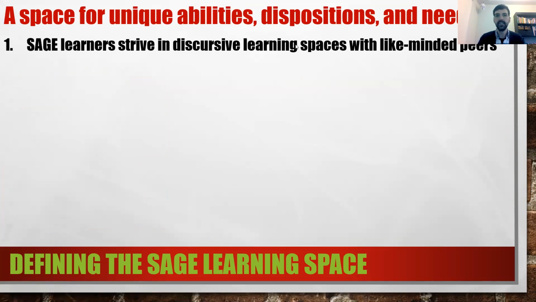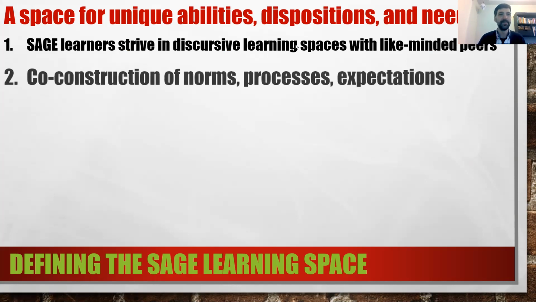What we mean by that is that a SAGE learning space tends to be a very active, very noisy, and very discussion-based space in which students are conferring and bouncing ideas both off of each other as well as off the teacher. So it tends to be a space where you would walk in and you would see people in discussion on a regular basis, rather than it being a space where people are quietly working on their work alone. It might even seem like a mess at times, but it's a mess with a lot of learning.